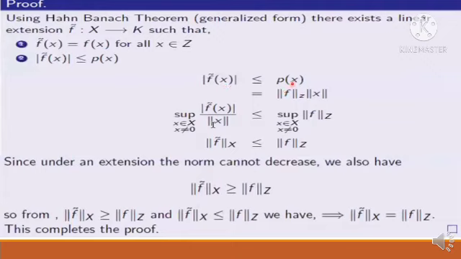The value of p of x is here, and if we take the supremum over x belonging to X for all non-zero vectors, then the ratio of f tilde of x over the norm of x will be less than or equal to the norm of f on Z.